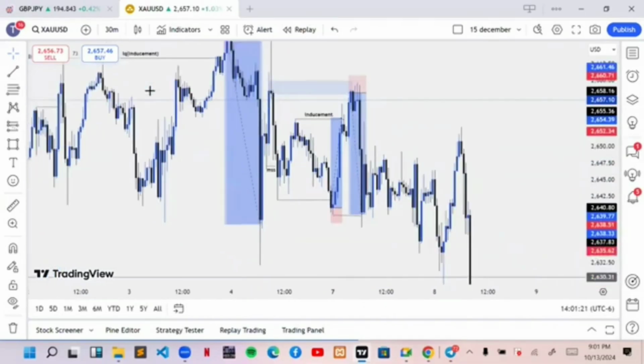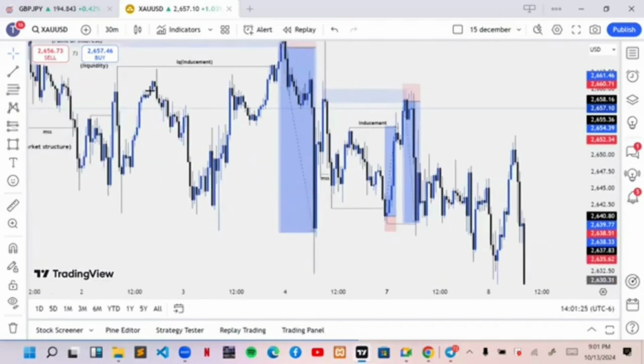Just three things. Only three things I have to mark out in charts: market structure, liquidity, and point of interest.